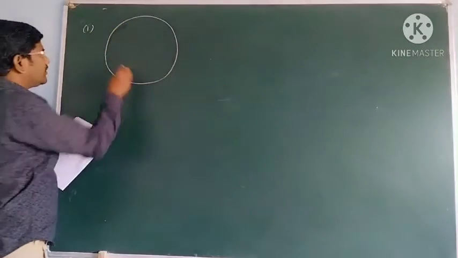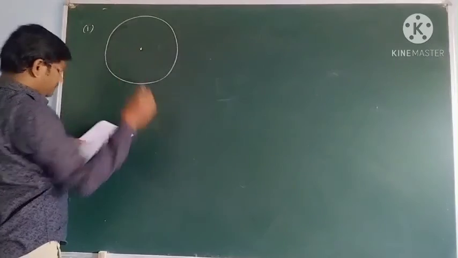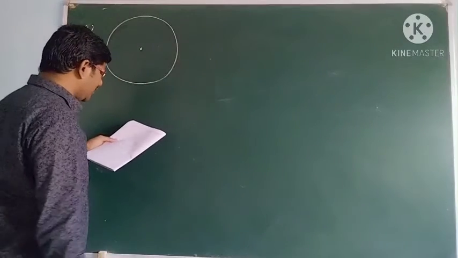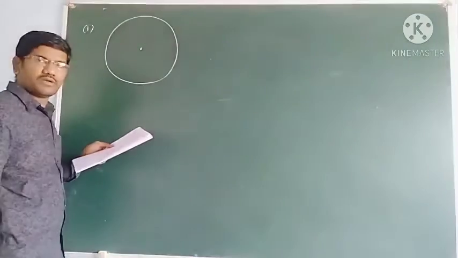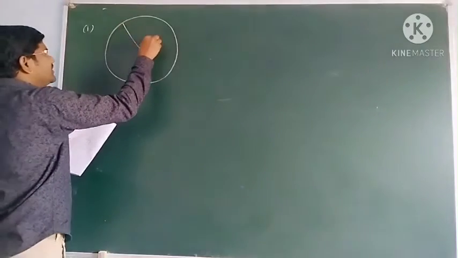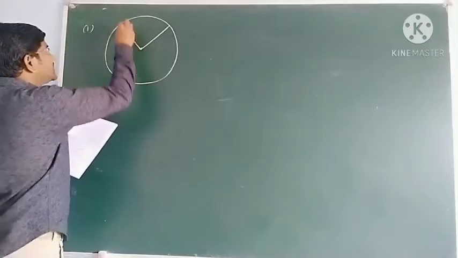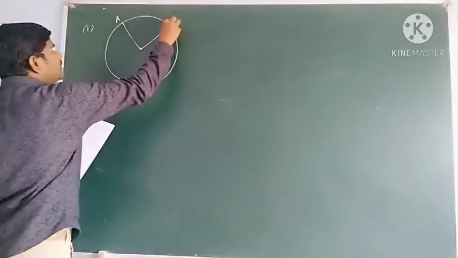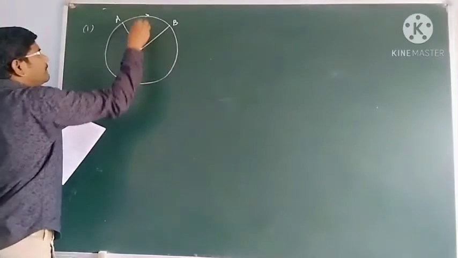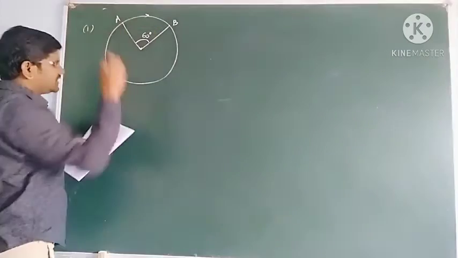Its radius is 21 meters. It describes an angle of 60 degrees. It has moved from A to B, making an angle of 60 degrees at the center.